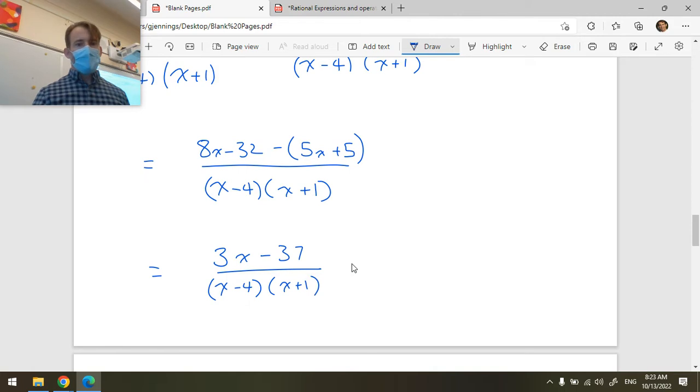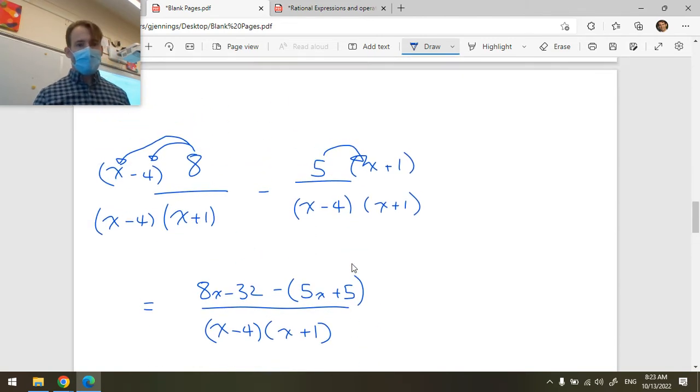And then we could do the 0, 1 test at this point. So the 0, 1 test at 0, I'm just going to do the 0 test. When x is 0, this fraction would be equal to negative 37 over minus 4. So it's 37 over 4, positive, at 0.